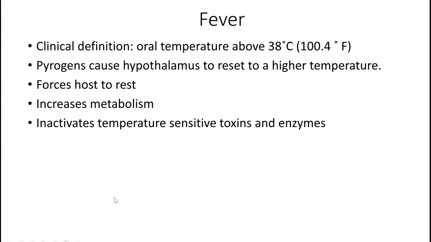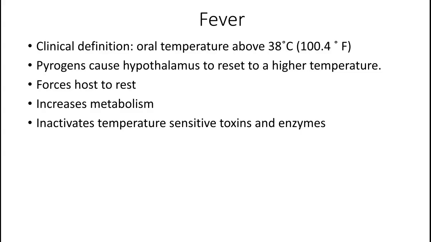Something else that I think is also relatable is fever. So the clinical definition of fever is a temperature over 38 degrees Celsius. Now, what causes our body temperature to rise are pyrogens. Pyrogens can either be from the pathogen that works on the hypothalamus, or those pyrogens can actually come from those immune cells.